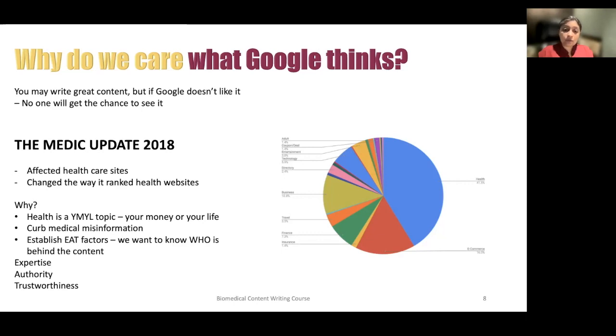So how do we gain Google's trust? By making sure that we fulfill all the criteria that they want, which is that we need a good, credible author page. We need to reference all our material. We need to make sure that the people who are writing are approved to write for these things, that they are subject matter experts.